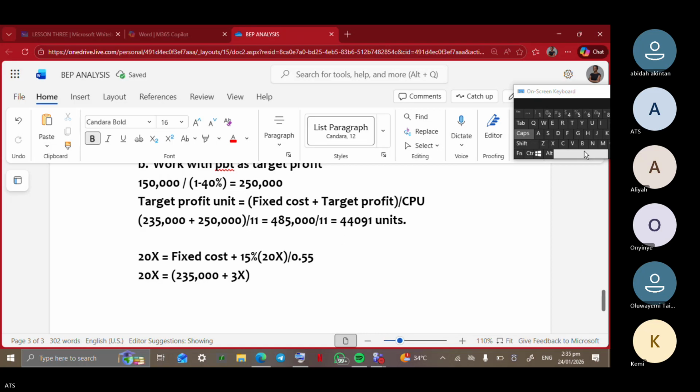Wait a minute. Is it 0.55 or 0.55x now? 0.55.